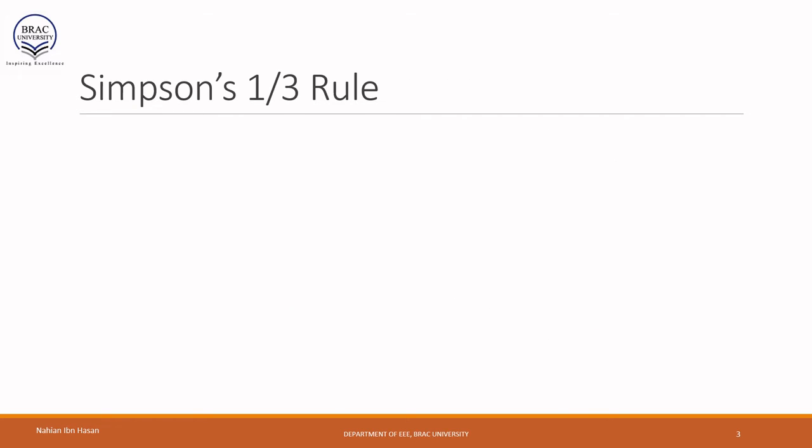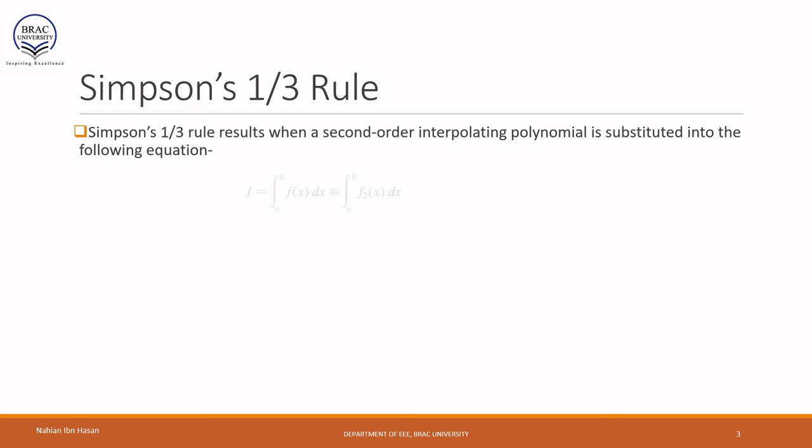Okay, so let's first look at Simpson's 1/3 rule. How did this formula come into effect? This is the main equation of integration, where f of x is the function. Let's say I want to use a second order polynomial to connect the data points under a segment. So I will need 3 data points.